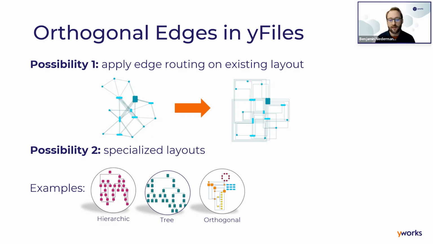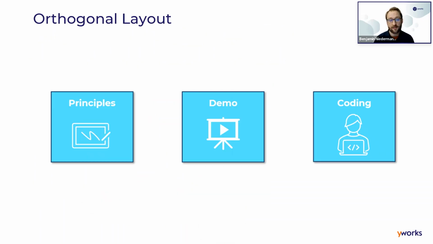And then there's also the special layout, which is called orthogonal layout, because this layout algorithm is really dedicated to orthogonal layout. So this is a layout algorithm that can only produce orthogonal layouts. And in this webinar today, I would like to present this special layout algorithm. And to that end, I want to structure the webinar in 3 parts.